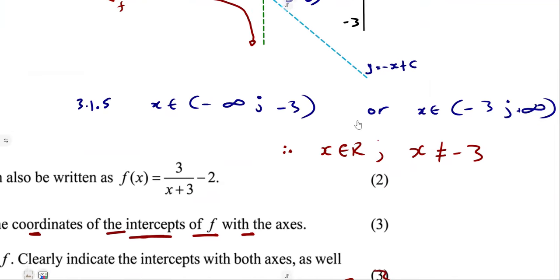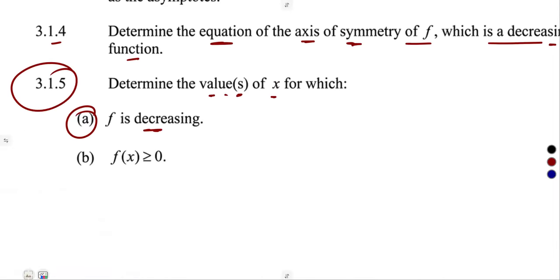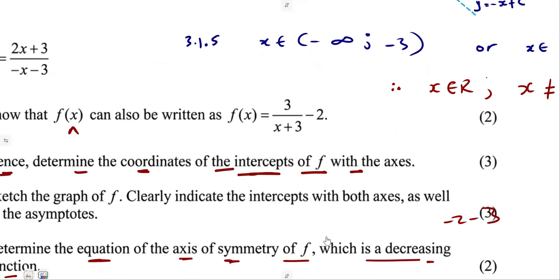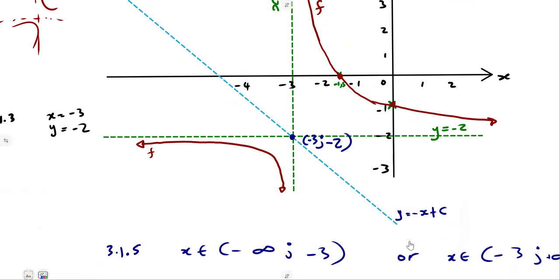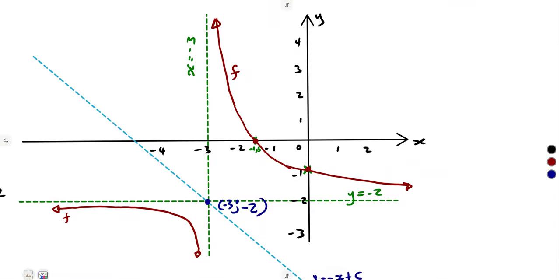Okay, so anyone, let us move on to another part. The values of x for which f of x is greater than or equal to 0. Which conditions are these where our function f of x is greater than 0? We must look into the graph. Where is it that our function f of x is above the x-axis?